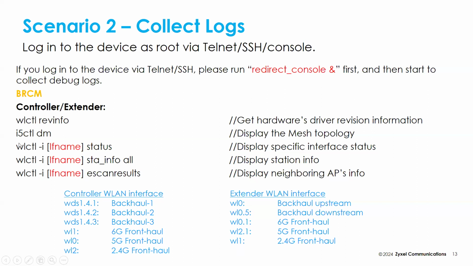The command list helps us get information such as hardware driver version information. This is quite important, because we need to make sure the extender and the controller are using the same driver version.